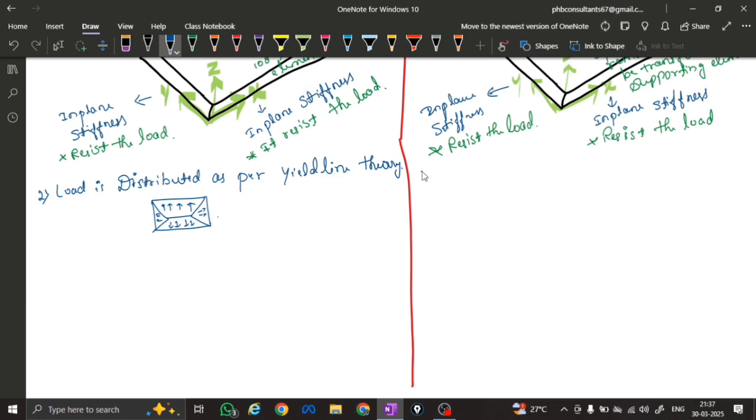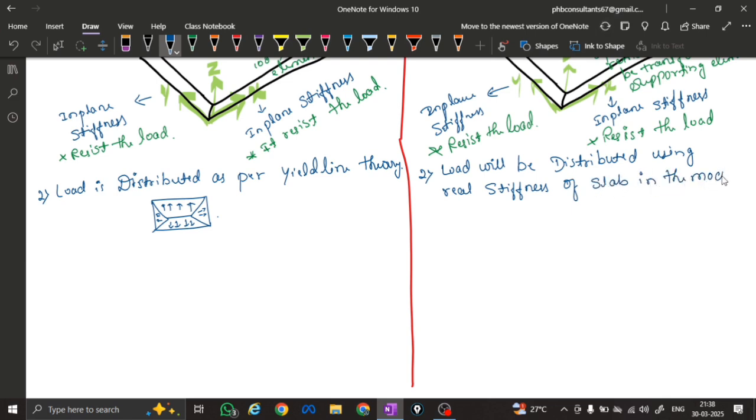but in our shell element, load will be distributed using real stiffness of slab in the model.